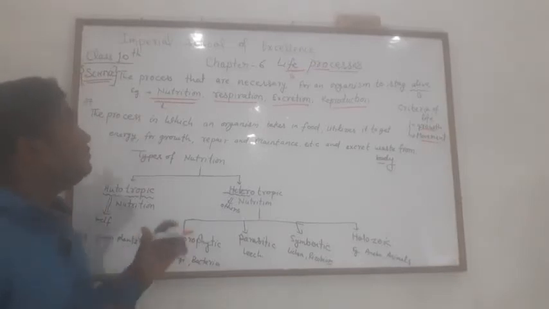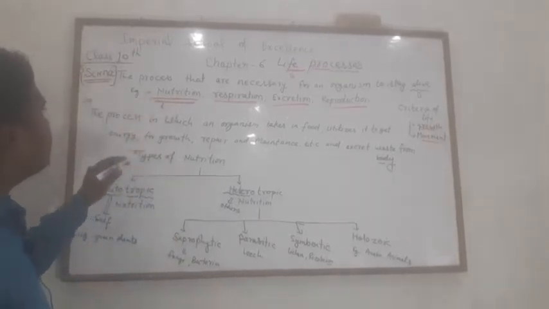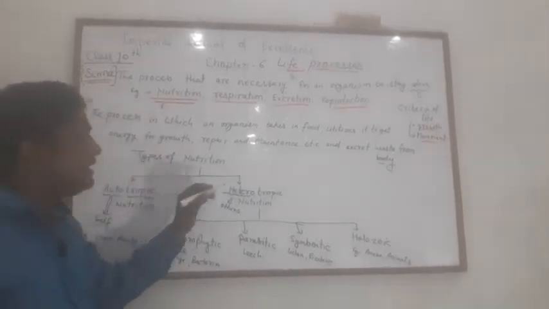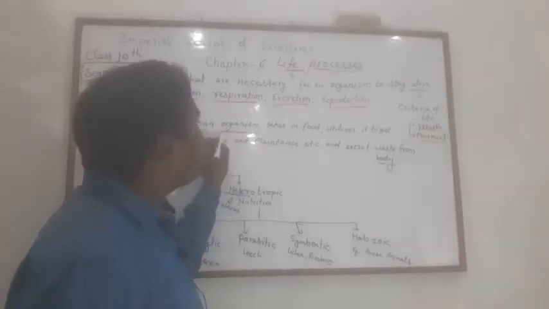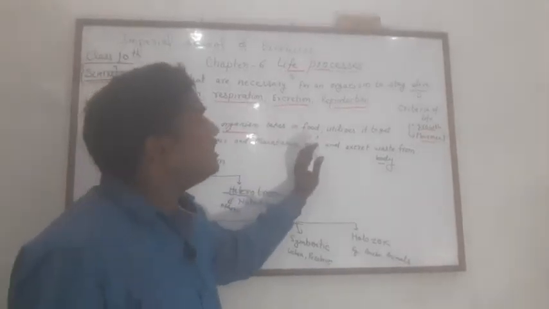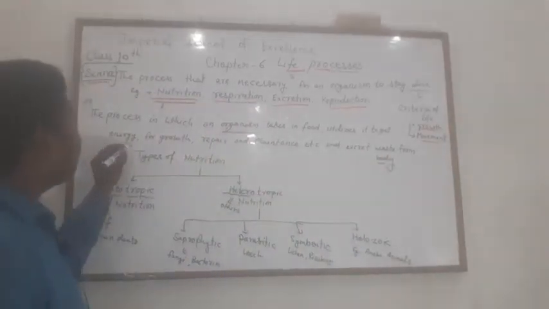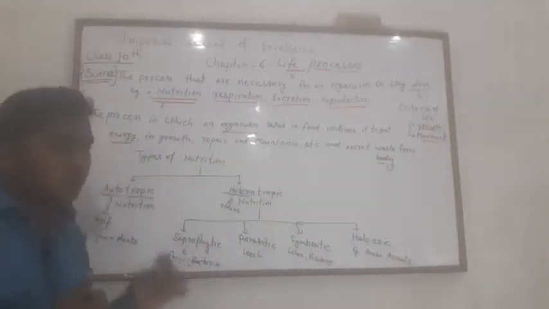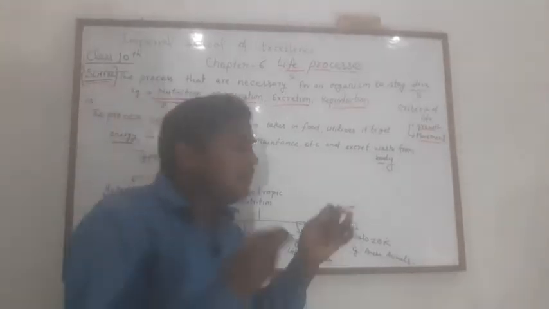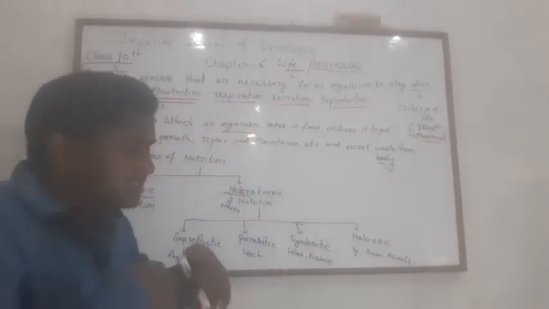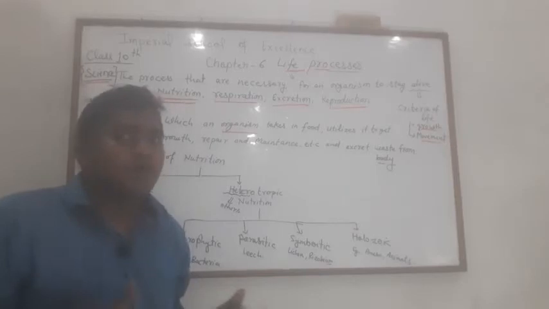So let's define nutrition: the process in which an organism takes in food and utilizes it to get energy, growth, repair and maintenance, and excretes the waste from the body.